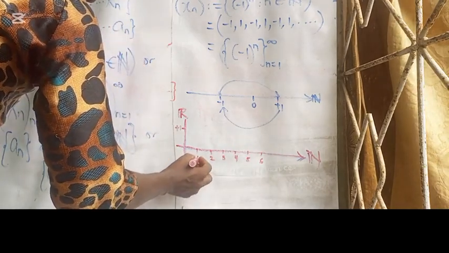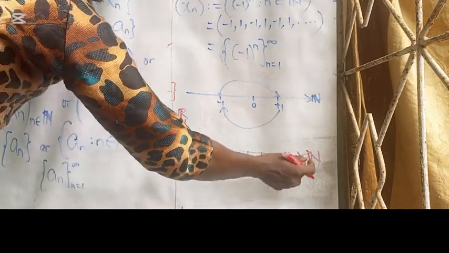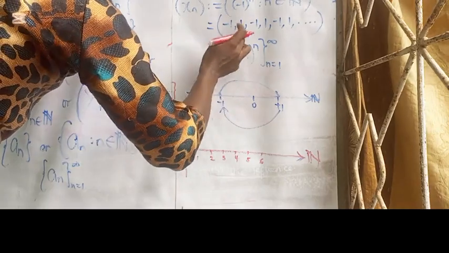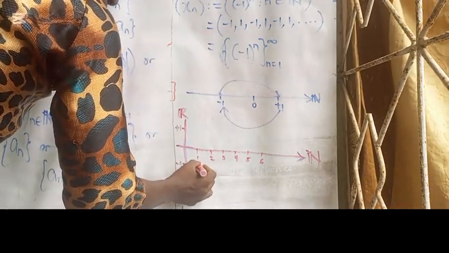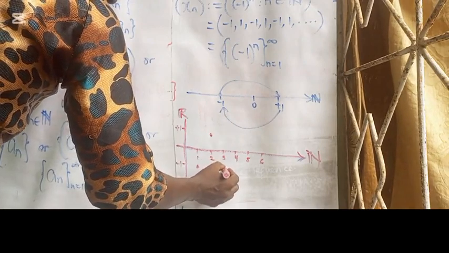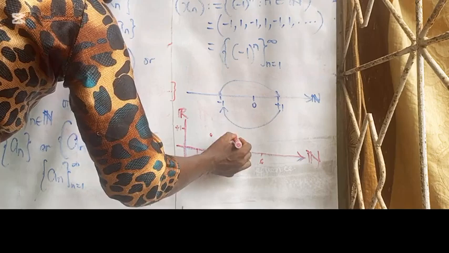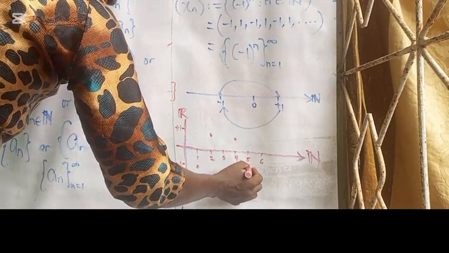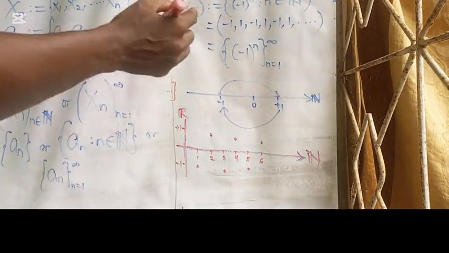When x is 1, it's moving from minus 1, and then to 1, jumps back to minus 1, and then back to 1, and then to minus 1. You can see the movement of the terms in the sequence.